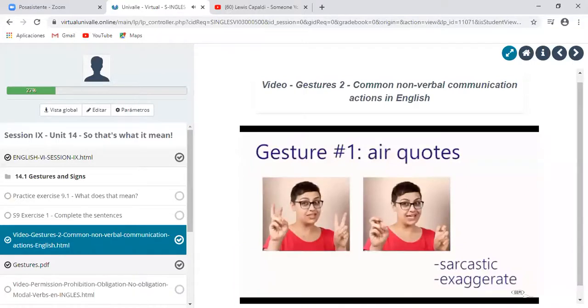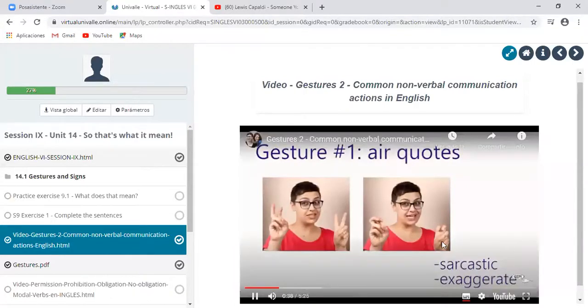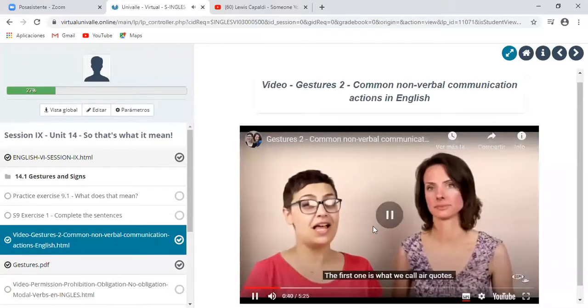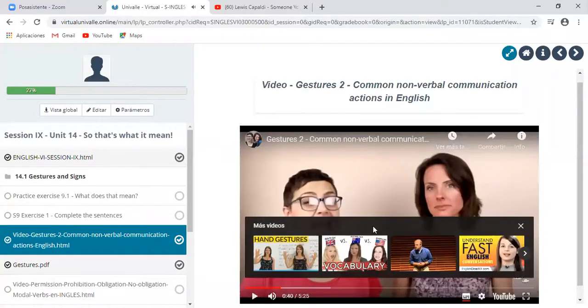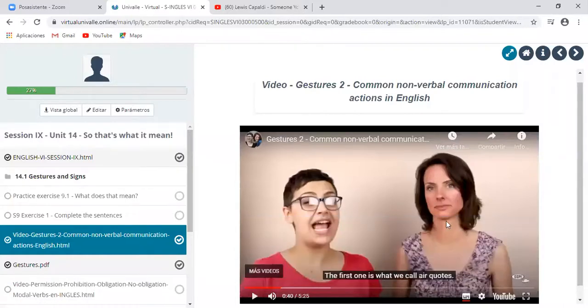Here you have the different types of gestures, okay? As well, you can watch it completely from your account on the platform.